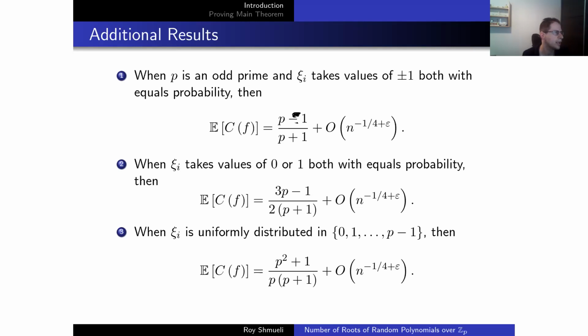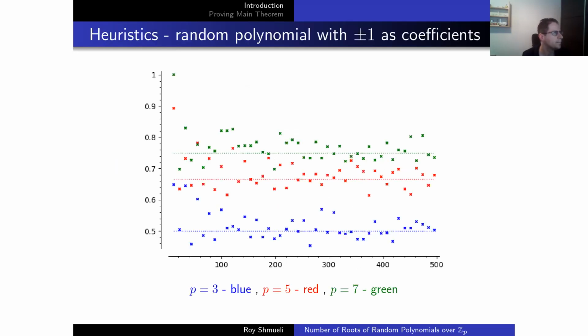In the plus minus 1, this is coming from the fact that when the coefficients are plus minus 1, there are no roots which are 0 modulo p.